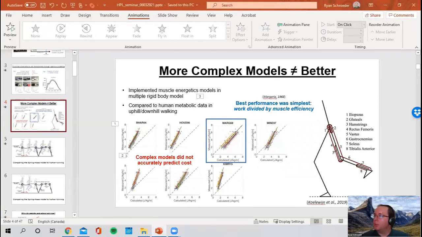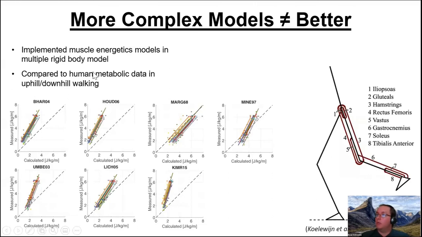Sure, let me just pull it up so people can see what we're talking about. Yeah, so it's showing the metabolic data in the vertical axis and the calculated cost from the model in the x-axis. So the fact that the measured data is higher than the calculated cost means that it's underestimating cost, right? And then the question is, have we learned anything from our modeling to suggest why perhaps their models are underestimating cost?